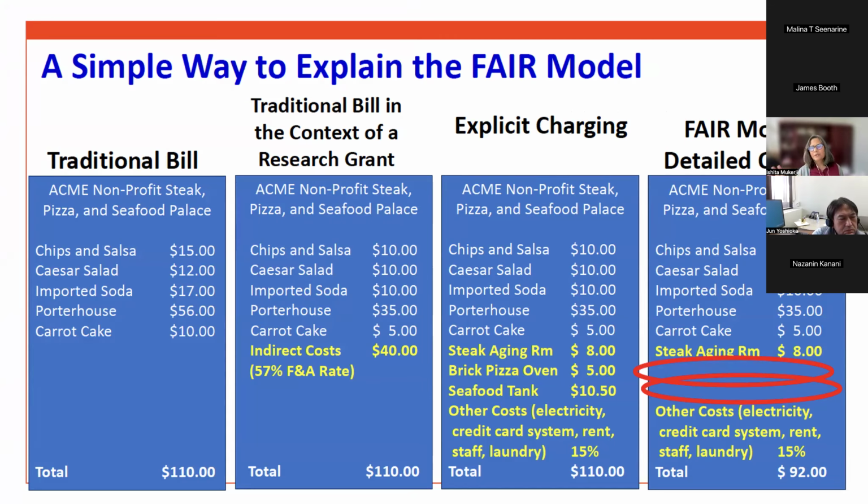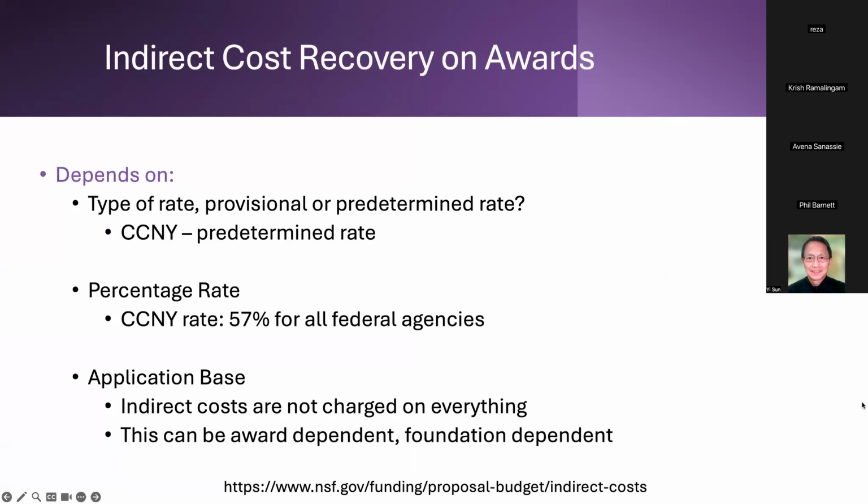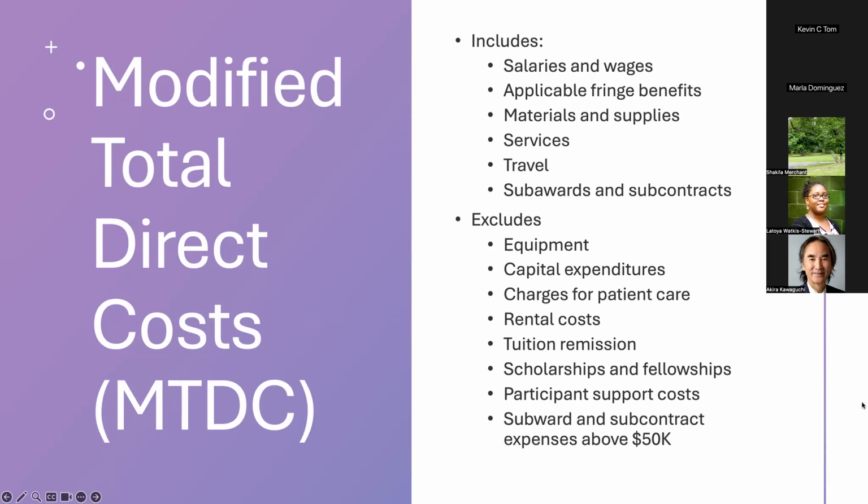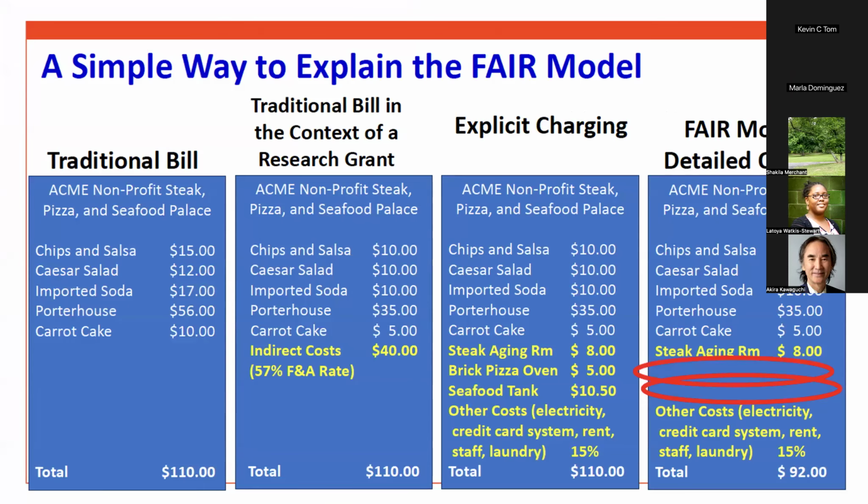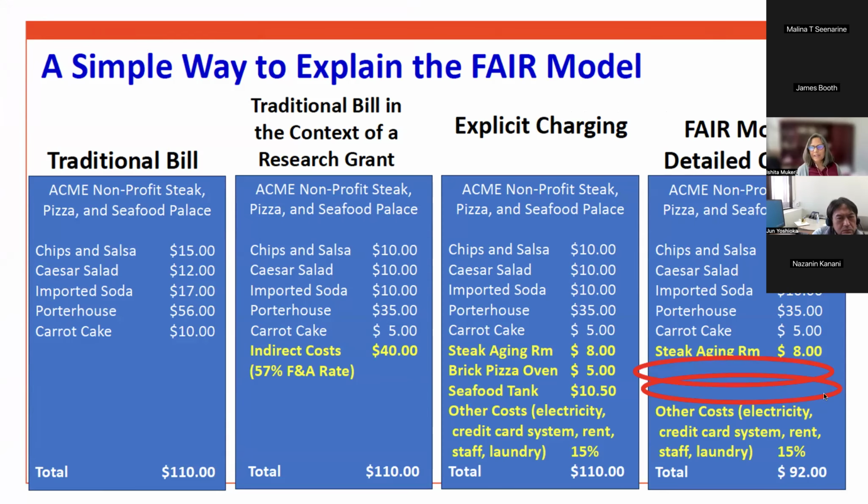So ignore the FAIR model part over here, and let's just focus on these things. Hopefully you can see my mouse. If you go out for dinner, you get a traditional bill, where you've gotten, in this case, chips and salsa, Caesar salad, some soda, some porterhouse steak, and carrot cake.